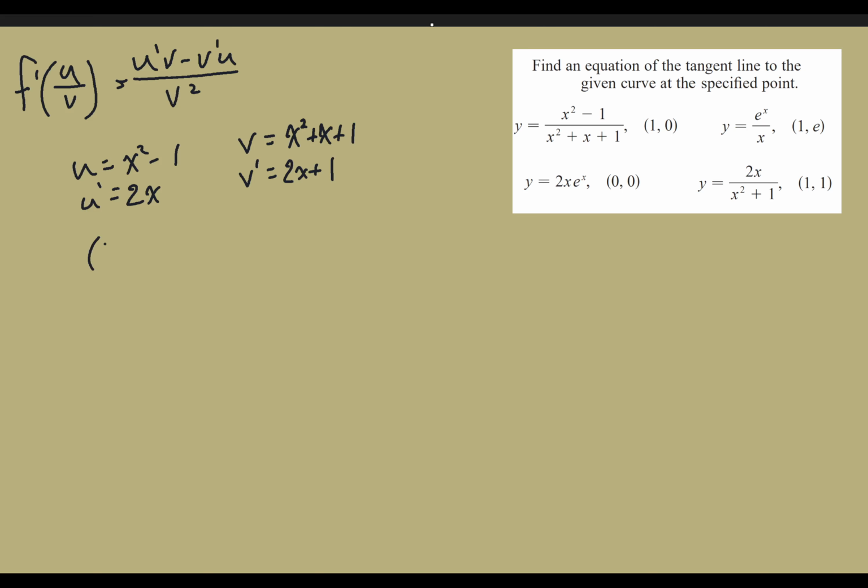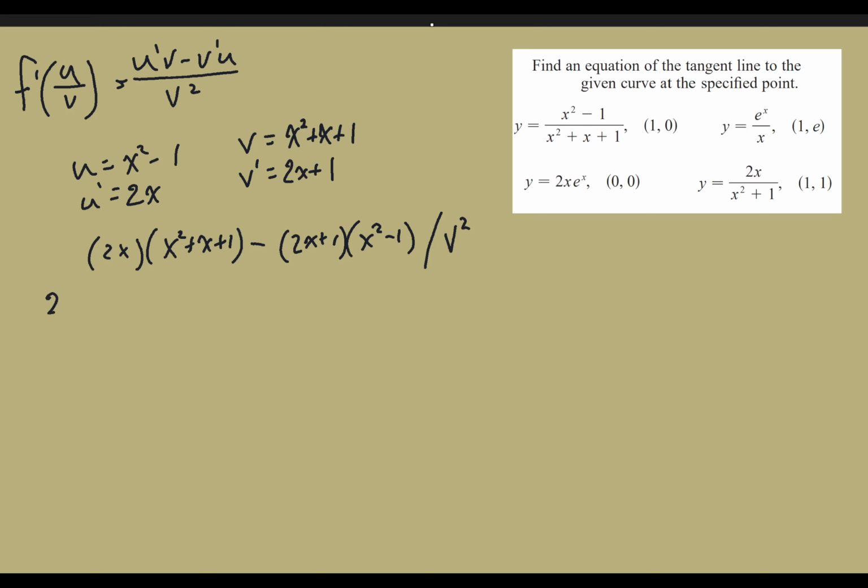Now let's plug them in. 2x times x squared plus x plus 1, minus 2x plus 1 times x squared minus 1. And we'll divide that all by v squared, which we'll do after I clean this up because it looks like it's going to take up some space.